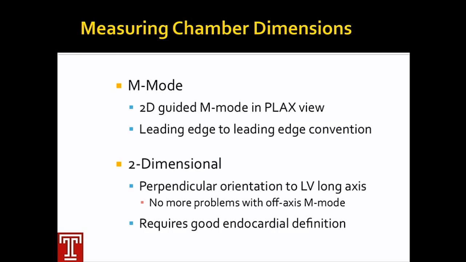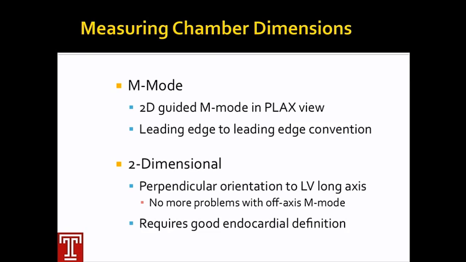We want them to be measured orthogonally or perpendicularly to the main axis of the left ventricle. We don't want oblique measurements because your degree of obliquity may vary from study to study. And so to have any sort of comparability or reproducibility, we need to be very cognizant of being perpendicular to the long axis of whatever structure we're measuring, in this case, the ventricle.